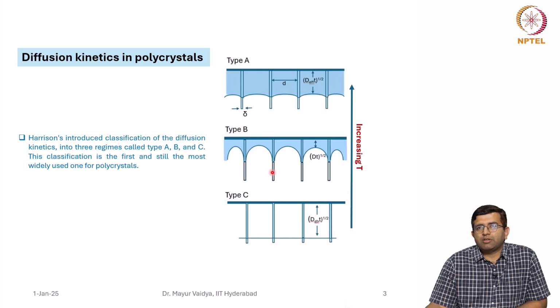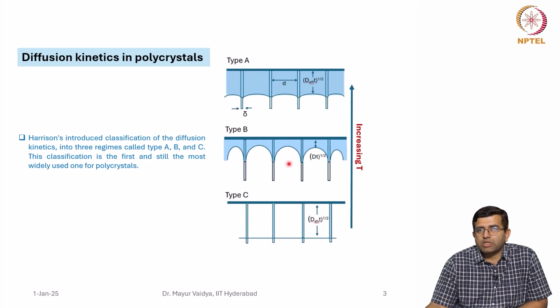In the B kinetic regime, you see some diffusion in the lattice and some concentration in the grain boundaries, whereas in the type C regime there is nothing in the lattice at all, but only diffusion present in the grain boundaries. Type A is observed at the highest temperatures, and type C at the lowest temperatures.